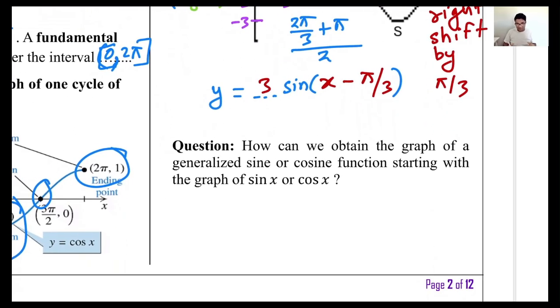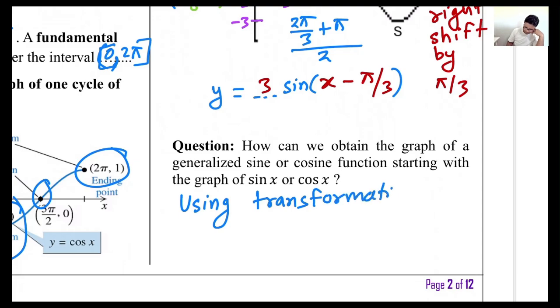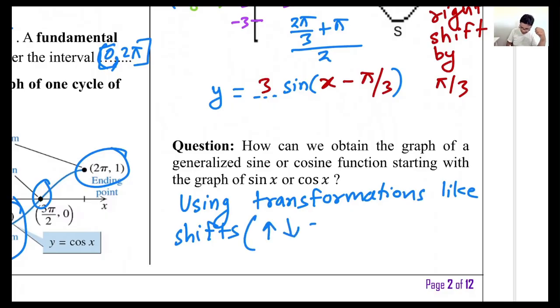Now we can answer this question. How can we obtain a generalized sine or cosine function starting with the graph of sine x or cos x? And the answer is using transformations. Like what? Shifts, that could be up or down or left or right, all these four possible shifts.